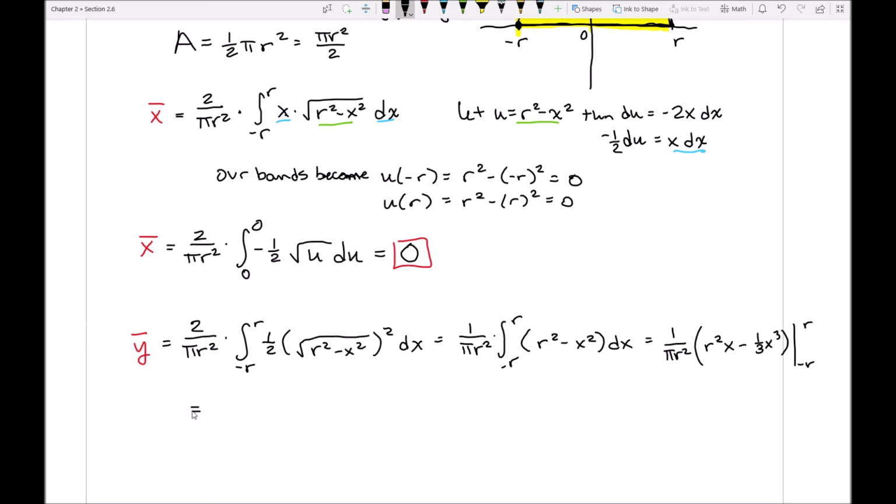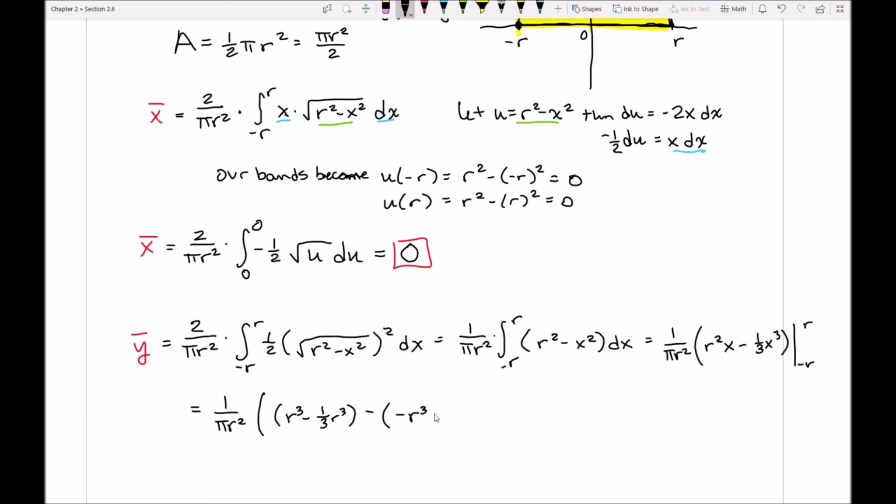And when I do this, I end up with a 1 over a pi r squared. And then I have, let's see, when I plug in positive r, I get an r cubed minus a 1/3 r cubed. And then when I plug in my negative r, notice I'm going to get a minus 1 r cubed.